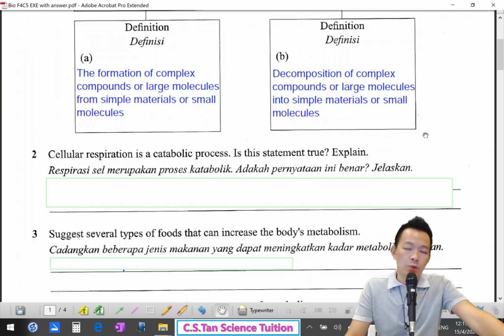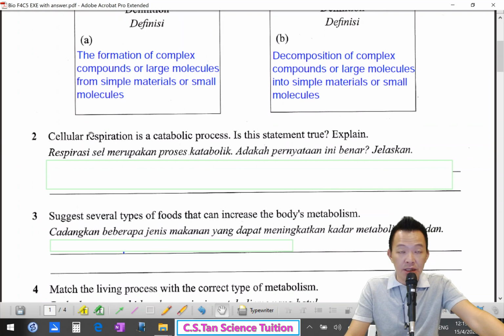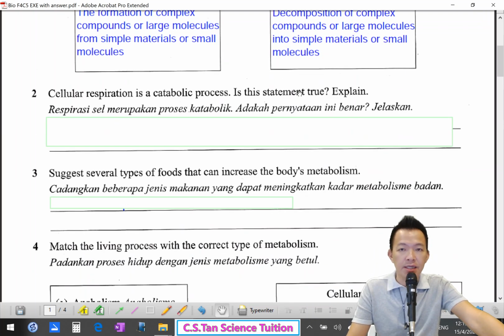Next, number 2. Cellular respiration is a catabolic process. Is this statement true? Explain. Yes, cellular respiration is a catabolic process, 它算是这一种形式, called catabolism. Why?